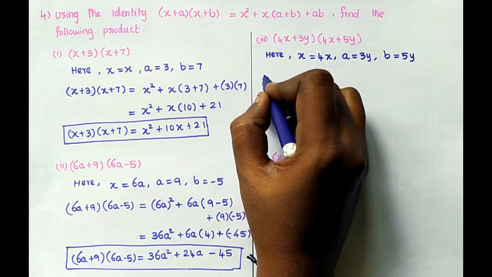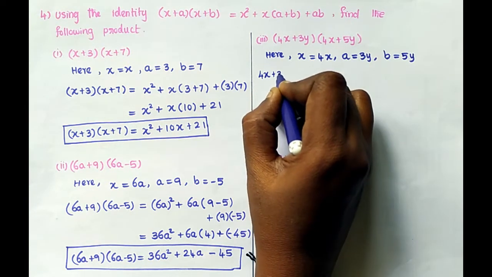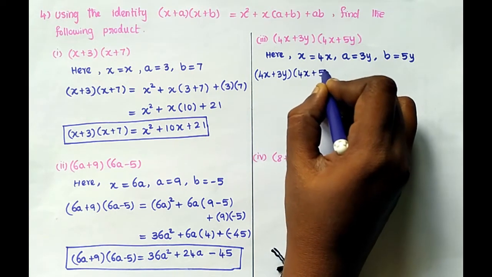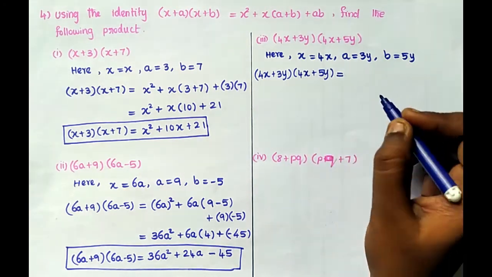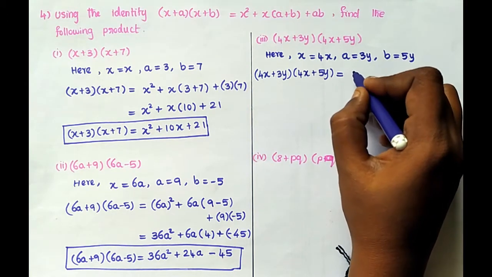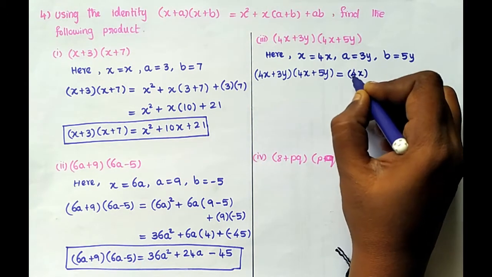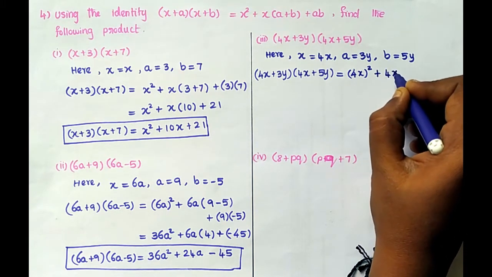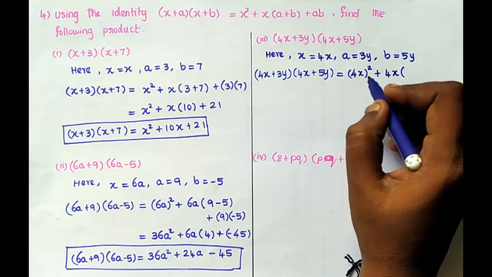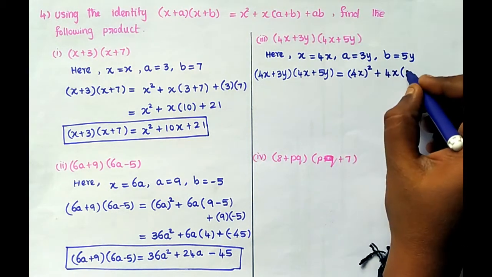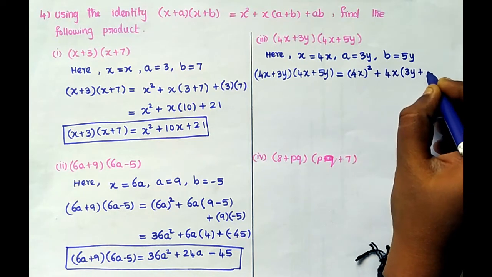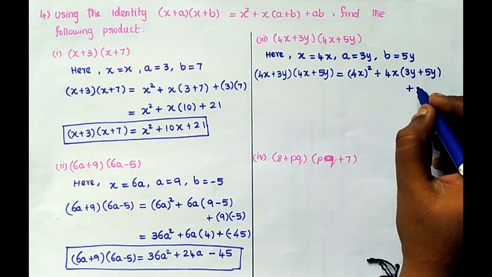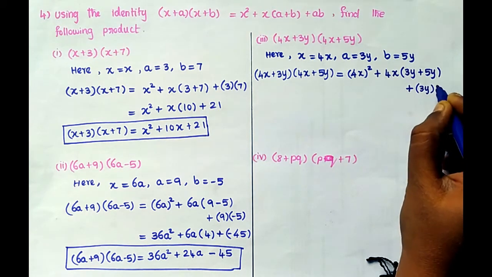Applying the formula, 4x plus 3y into 4x plus 5y equal to x squared, that is 4x whole squared plus x into, that is 4x into a plus b, that is 3y plus 5y plus ab, 3y into 5y.